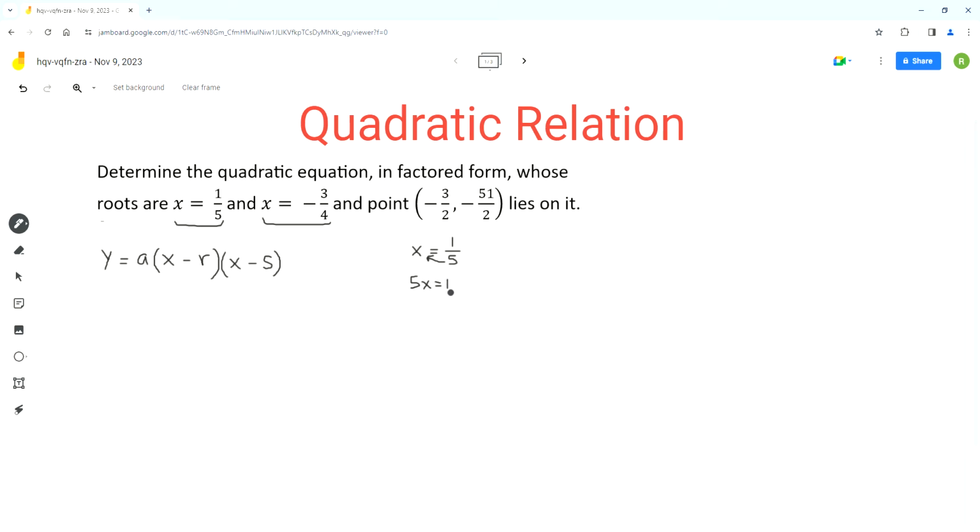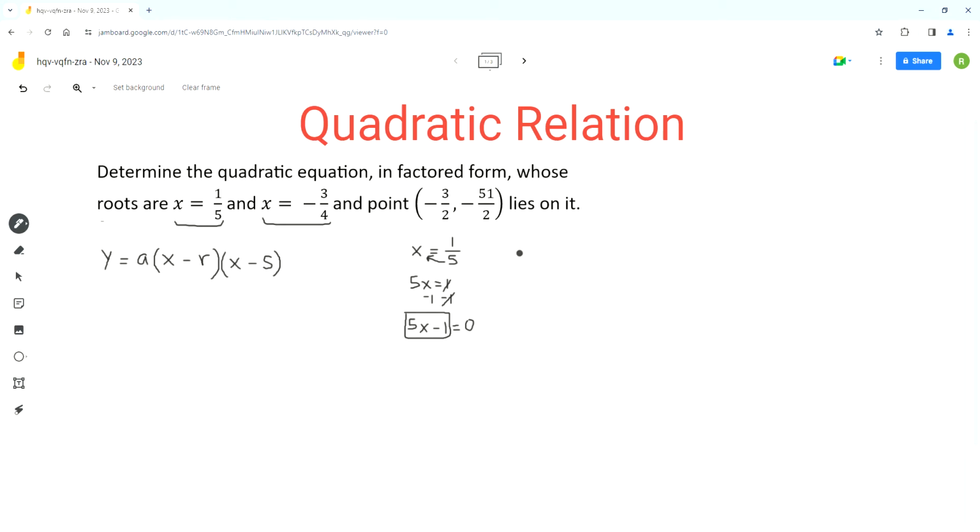And now we subtract 1 from both sides so that we get 0 on the right side. So the 1's on the right side cancel each other out and we get 5x minus 1 equals 0. So this is our first factor. These are the steps you have to follow if the given roots are in fraction form to find the factors in the factored form.